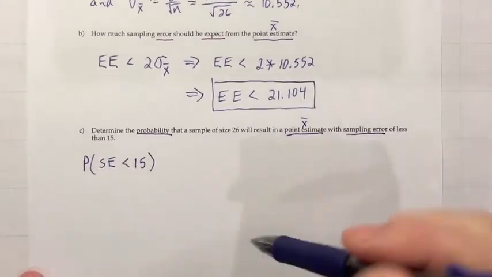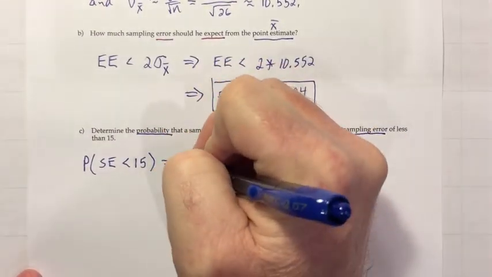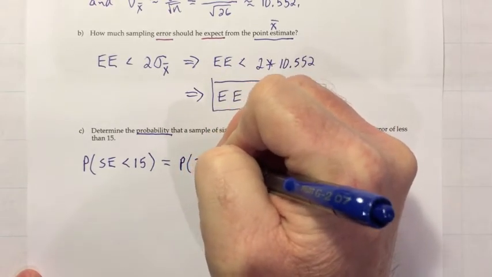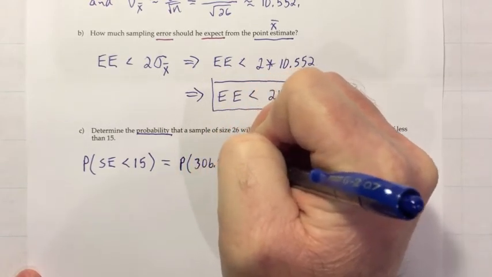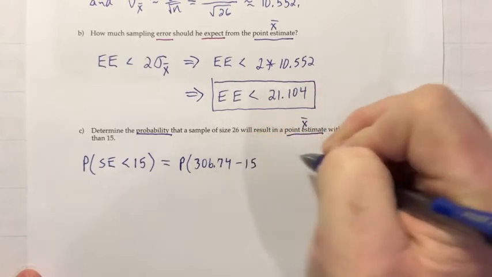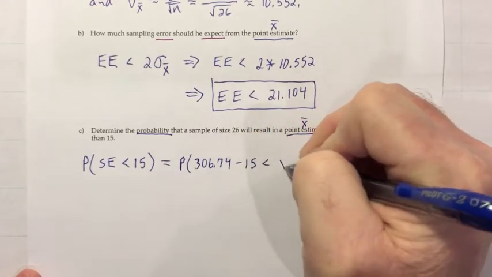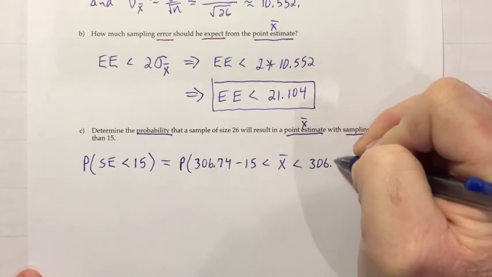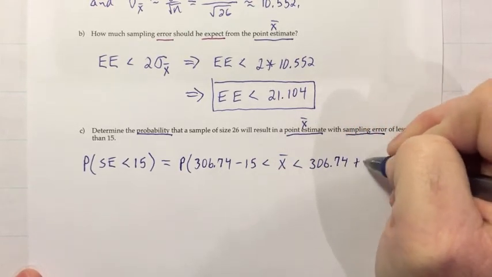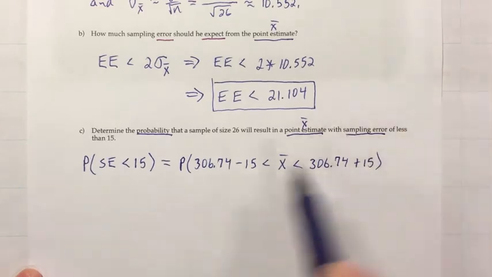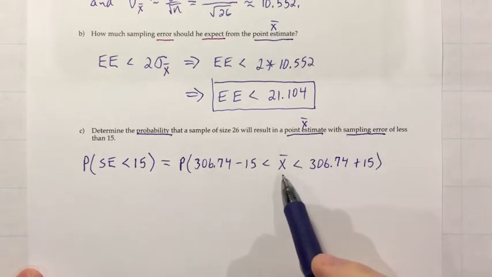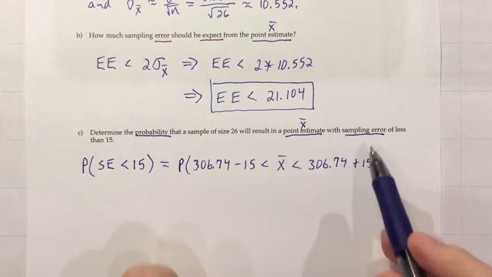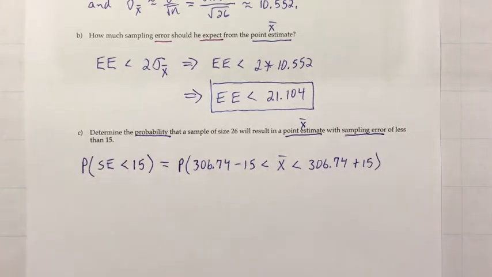So what we want to translate this to is the probability that if you took the real mean, 306.74, and you subtracted 15 from that, that would be less than x bar, which would be less than the real mean 306.74 plus 15. So here's the probability that our point estimate, x bar, would be within 15 of the truth, which means it would have a sampling error of less than 15.